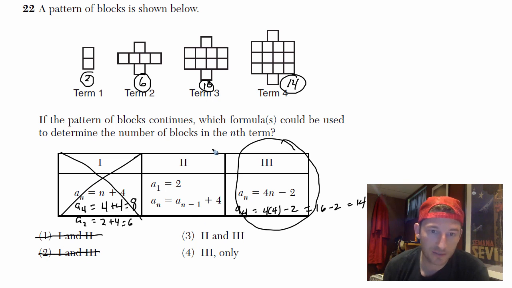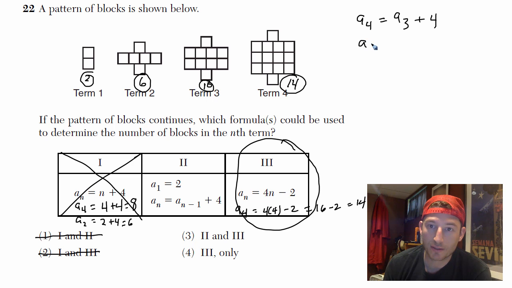So now we just got to test 2. This says if I want to know what's in whichever term, I find out how many are in the one before it, minus 1, and I add 4. So for example, I'll do the work over here. A to the 4 means what's in the 3rd one plus 4. Well, that's true. 10 plus 4 does give you 14.